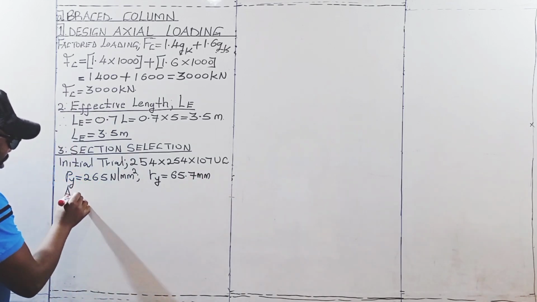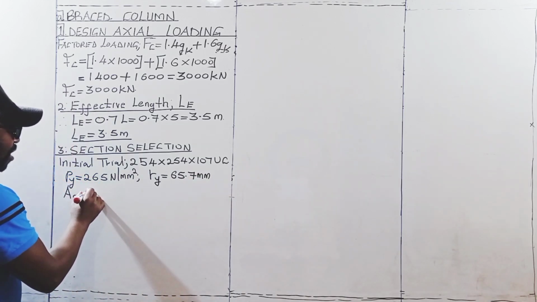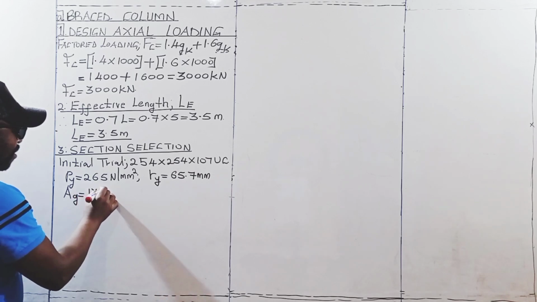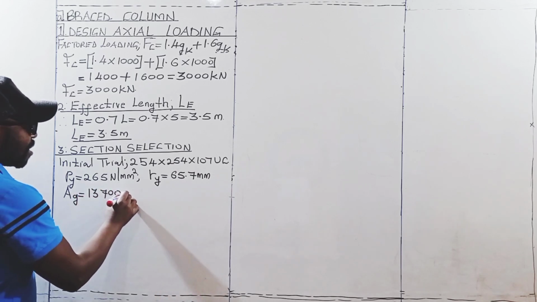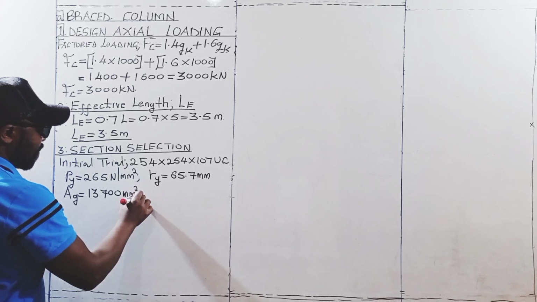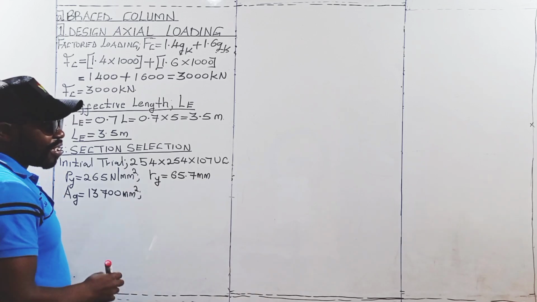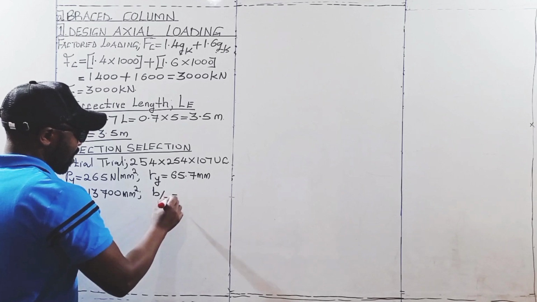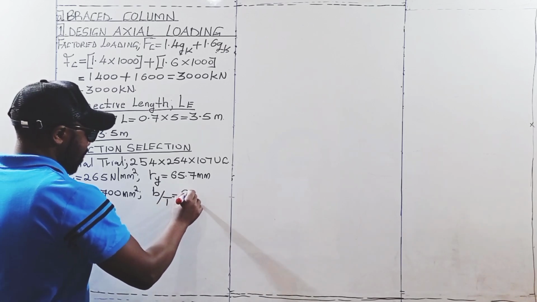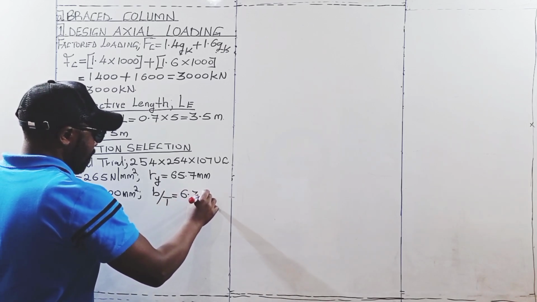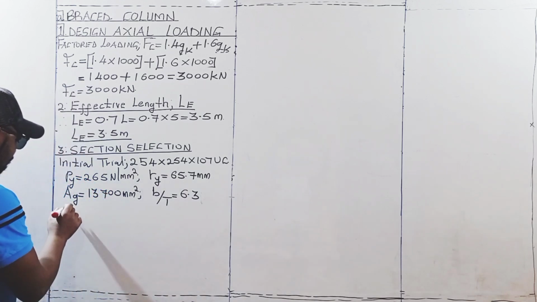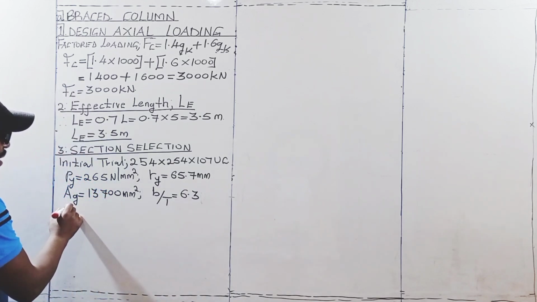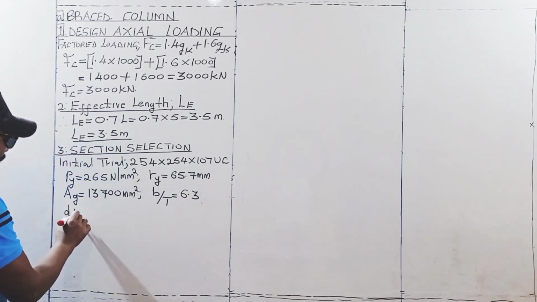The gross cross-sectional area of the section is 13,700 square millimeters. The local buckling for the flange, that is B over T, is 6.3, and that for the web, which is D over T, is 15.4.